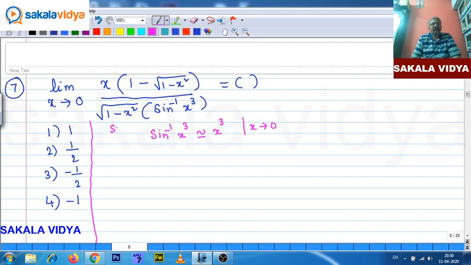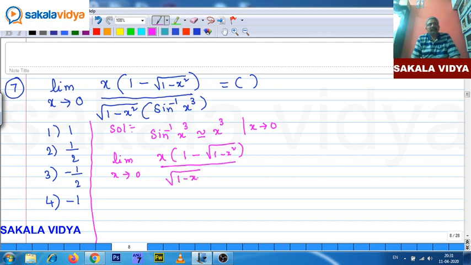Now the problem becomes like this: limit x tends to 0, x into 1 minus root of 1 minus x square upon root of 1 minus x square into x cube.